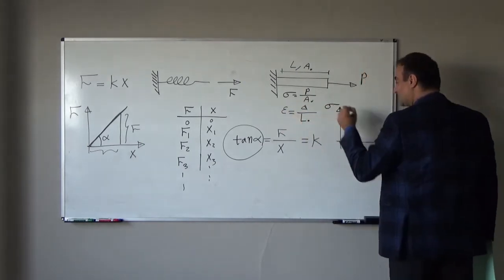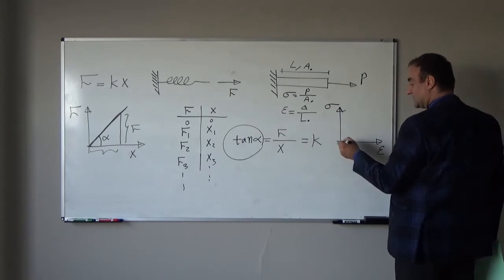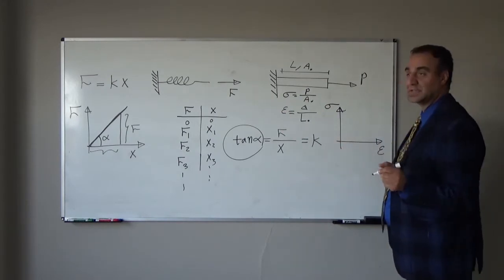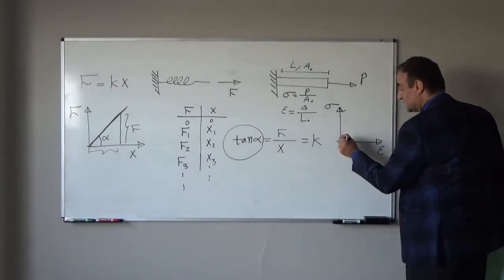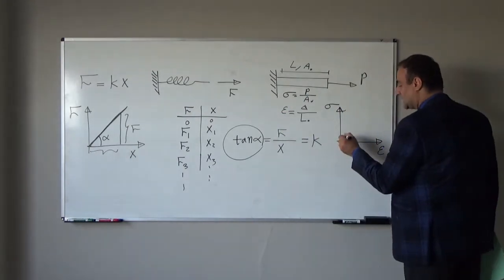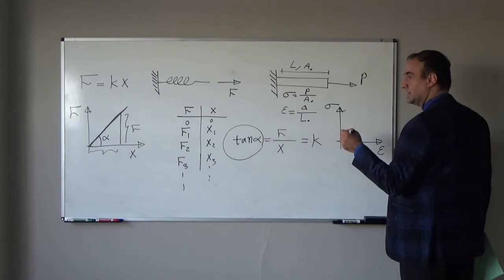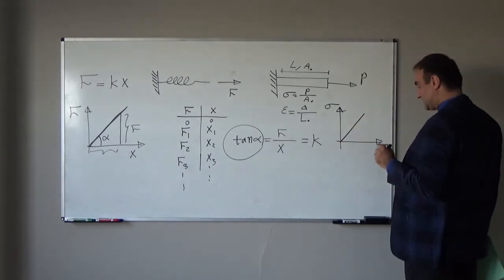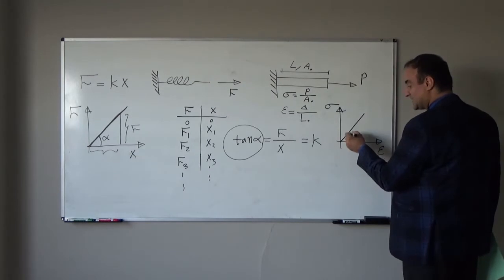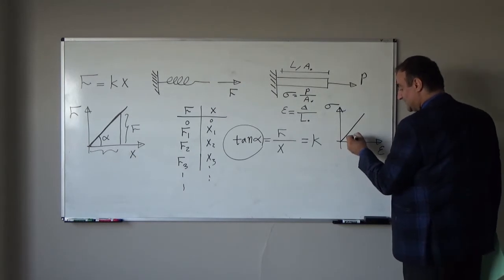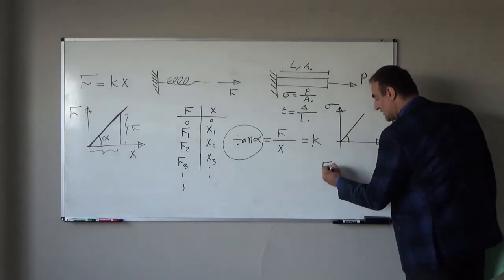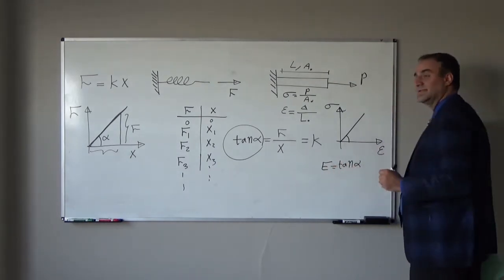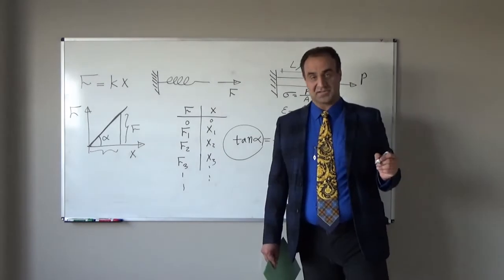And if we draw the stress-strain curve for linear elastic material under the proportionality limit stress, the relationship is linear. And here, this angle, tangent alpha, we will show with E, and we call it Young modulus.